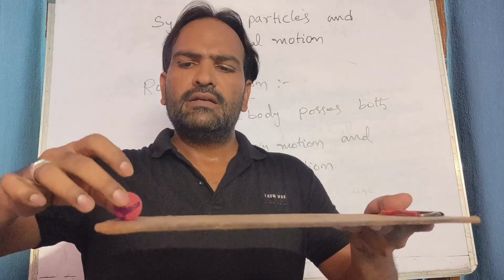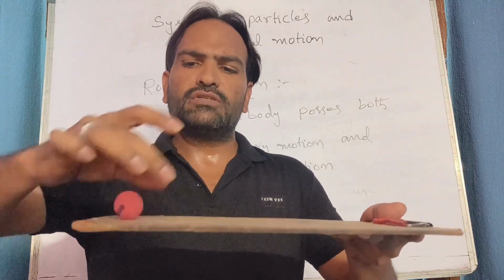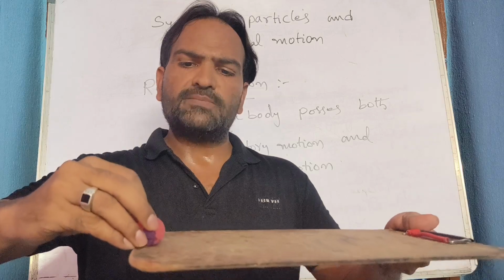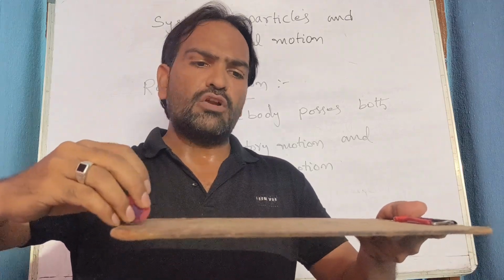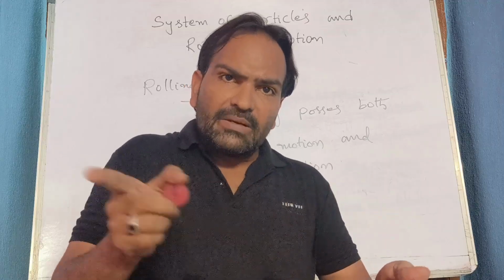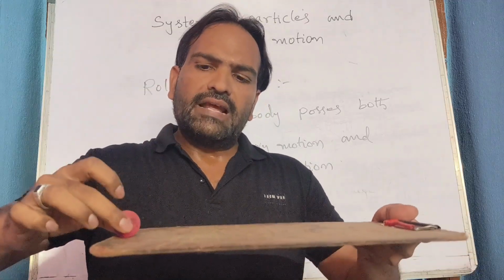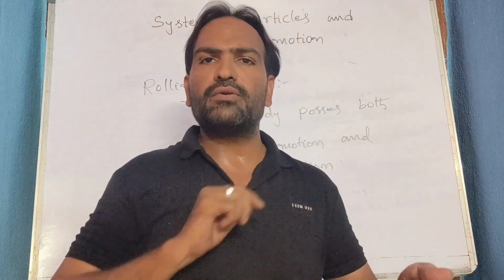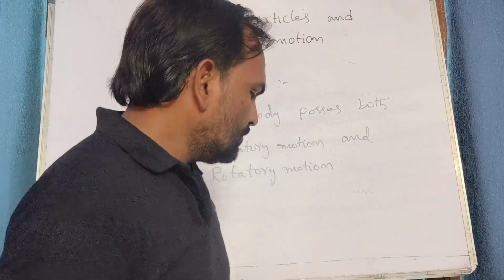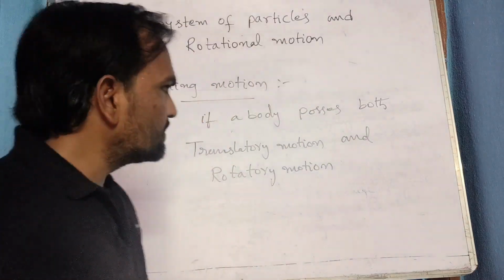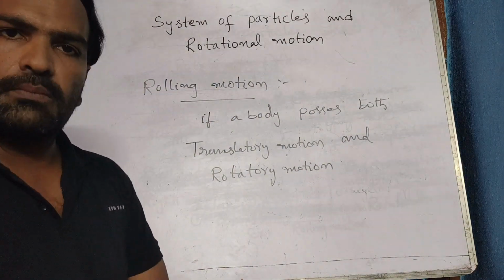The ball moves along a straight line and rotates. So this ball has a translatory motion and rotatory motion. This is one of the best examples of the rolling motion.